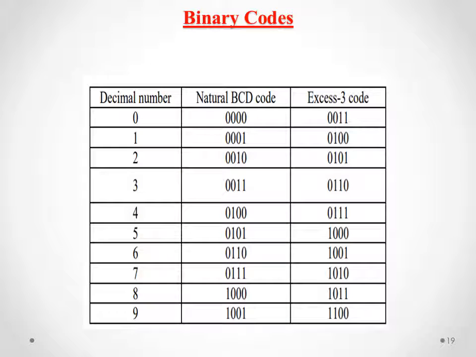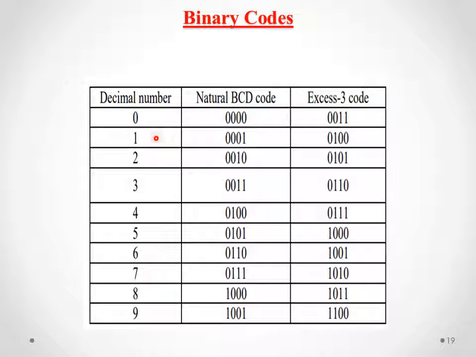Then this is the truth table for XS3 code and natural BCD code. Here, first 0 plus 3 is equal to 3, the first code. So 0, 1, 2, these three combinations are not available. That is called an invalid state.